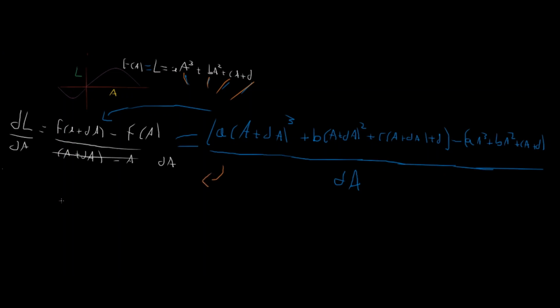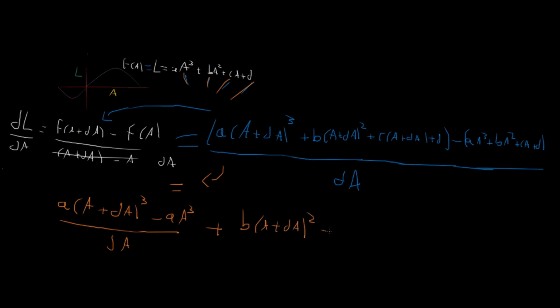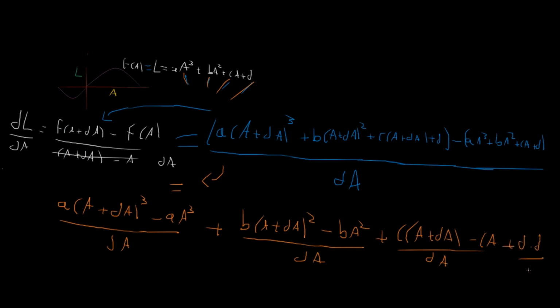So let's rearrange it as equal to a plus dA cubed minus A cubed over dA, plus B times a plus dA squared minus B A squared over dA, plus C times a plus dA minus C A over dA, plus D minus D over dA.